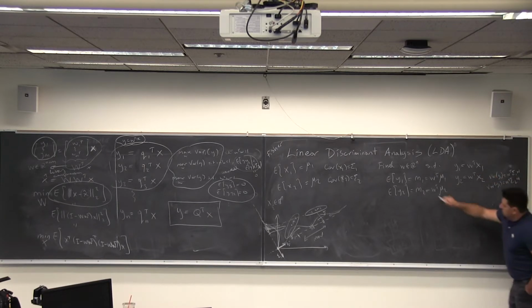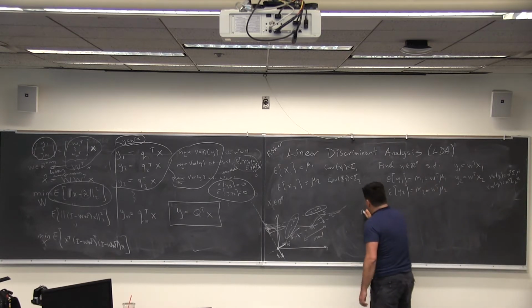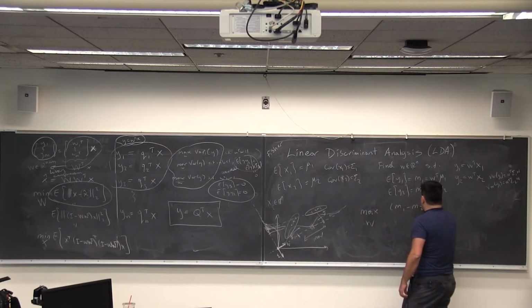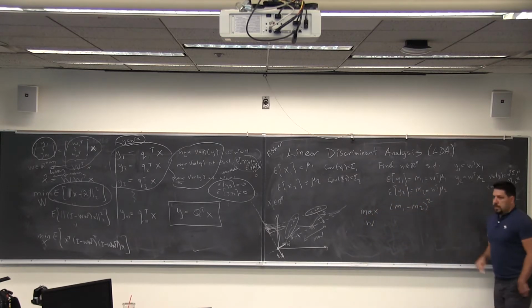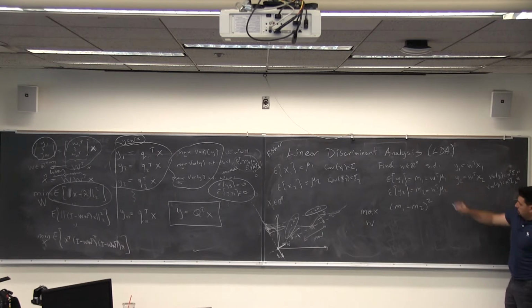So let's make the means m1 and m2 separated. I want to find the W that separates these means from each other. Take the x values and project onto lines such that the average values of the projections are separated maximally in this fashion. But I want to also keep the variances of the projections small.